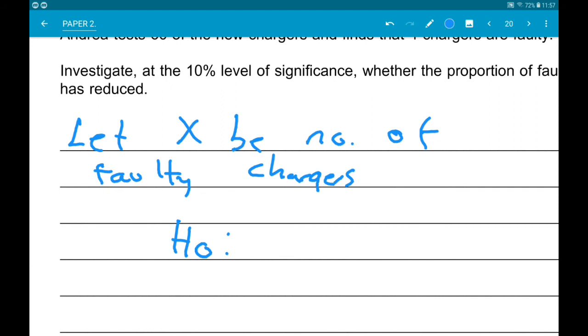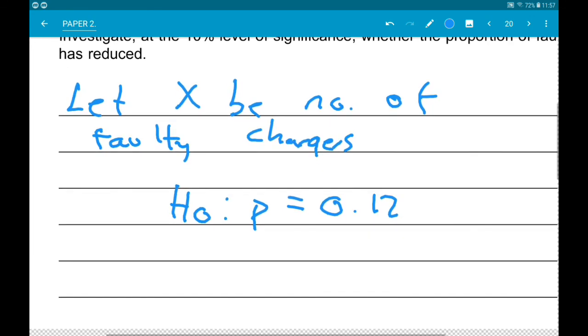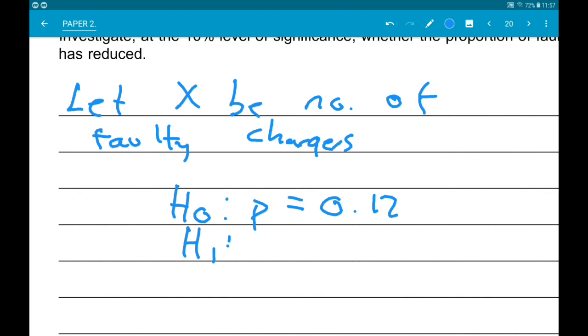That's the one where the probability stays the same, so the probability is 0.12. Now we're testing whether or not that has reduced. So the alternate hypothesis, H1, is that the probability is less than 0.12.